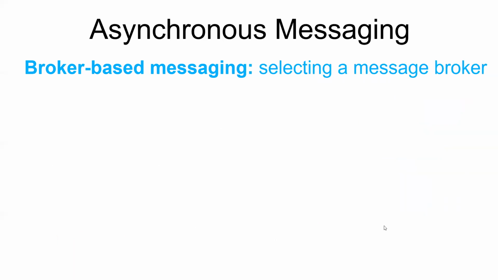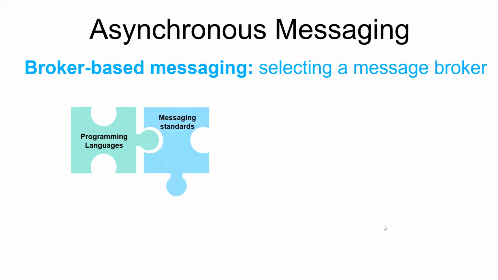When selecting a message broker, you have various factors to consider. This includes the supported programming languages. You probably should pick one that supports a variety of programming languages. The second one is the supported messaging standards. Does the message broker support any standards such as AMQP and STOMP, or is it proprietary?